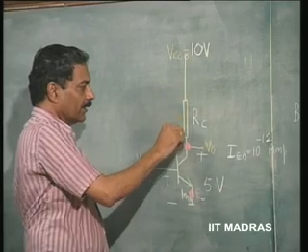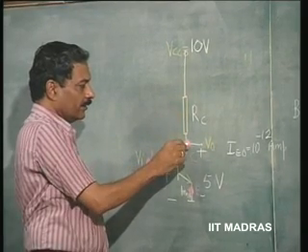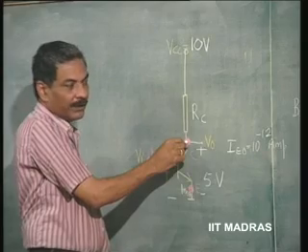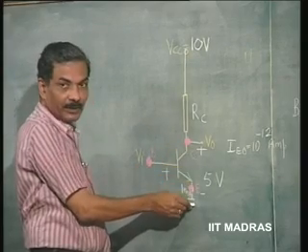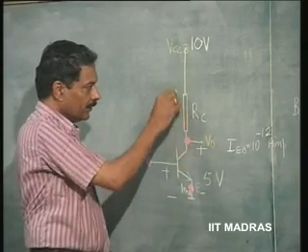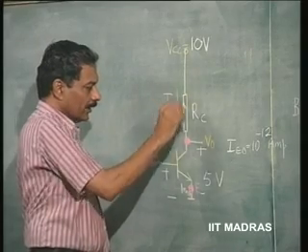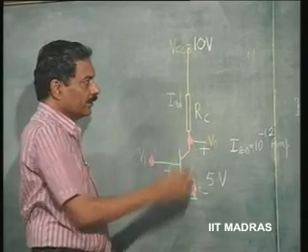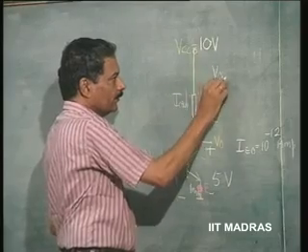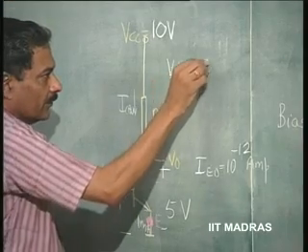Supply voltage is 10 volts. Then I put an R_C so as to adjust the collector voltage to 5 volts with respect to the emitter. Here the collector current I_CQ will be flowing, and therefore this voltage V_CEQ is supposed to be 5 volts.